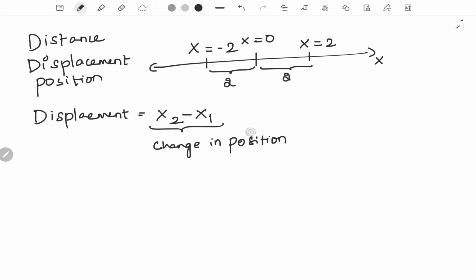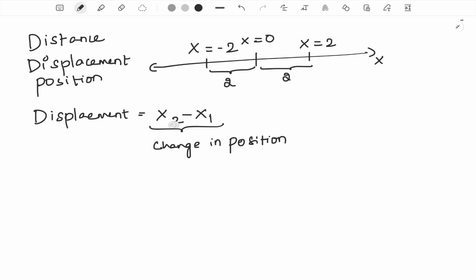Let's say we have been observing a body in a particular interval of time. At the start of the interval it's at position x1, its initial position, and x2 is its final position. x2 minus x1 would be the change in position of the particle, which is the displacement.